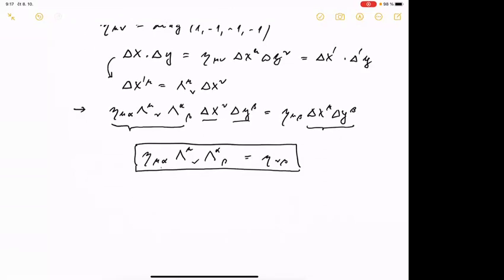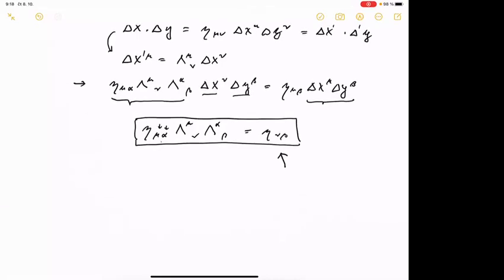This formula can be interpreted as the invariance of the Minkowski metric with respect to the Lorentz transformation, if we understand the transformation of the metric as a tensor, and these indices are transformed in the same way as the indices of δx or δy.